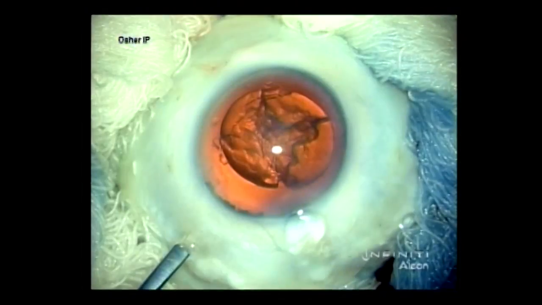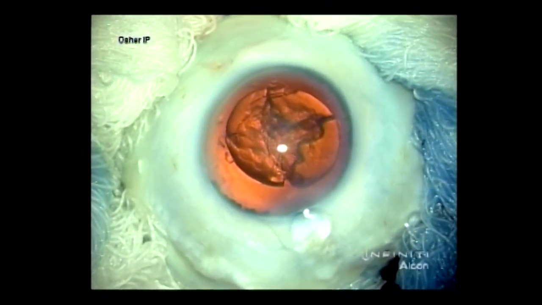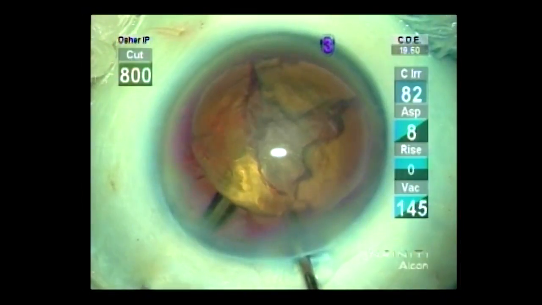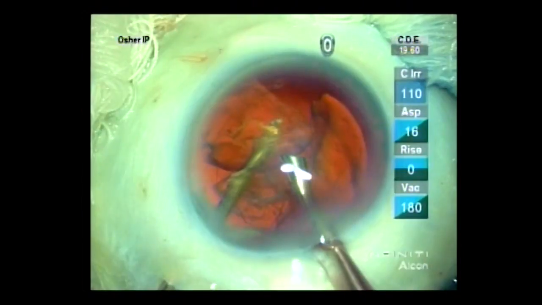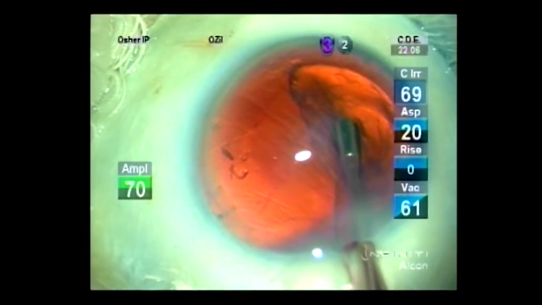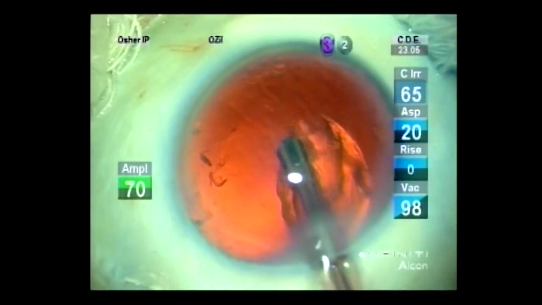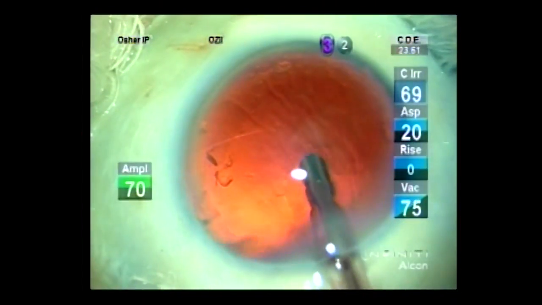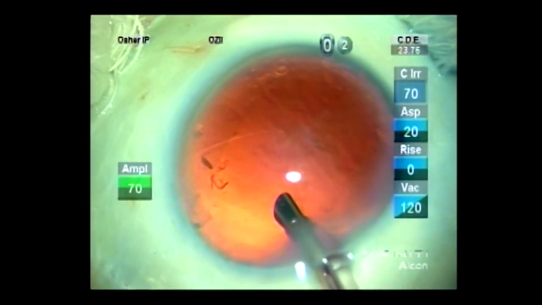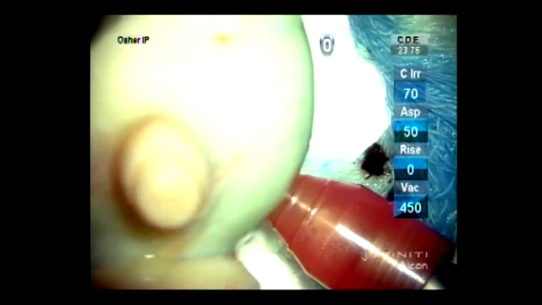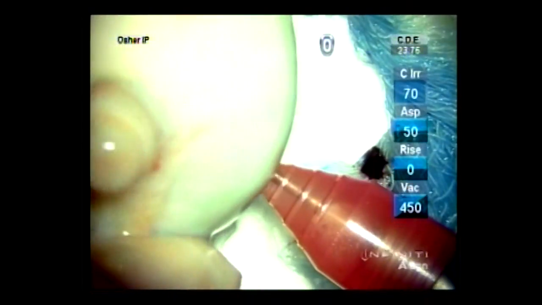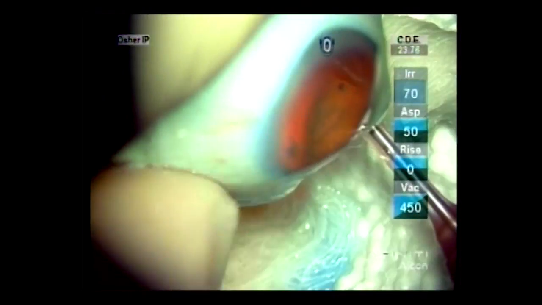Okay, we don't usually work with cataracts, so let's perform a pars plana vitrectomy, tear the posterior capsule, and even when using the safest torsional ultrasound with low parameters, the nucleus drops. Since there is no vitreous present, not only can the nucleus fall backwards, but if the eye is inverted, the nucleus will fall forwards.